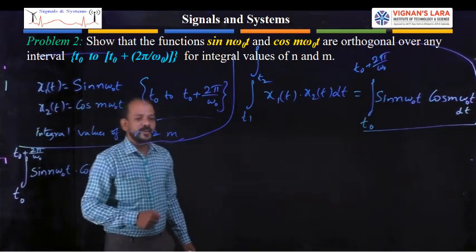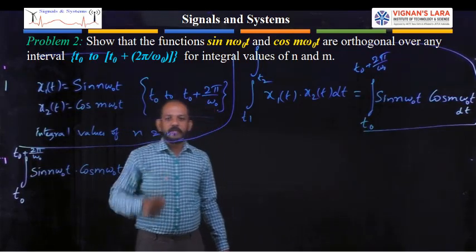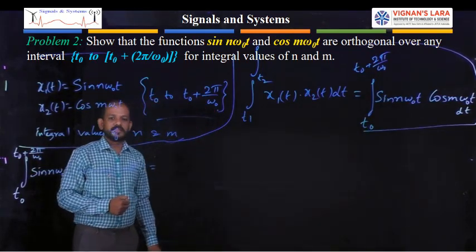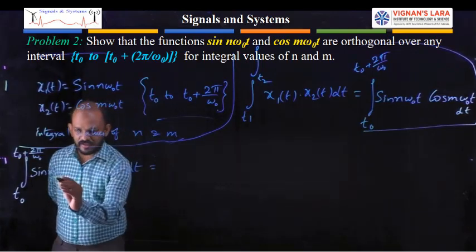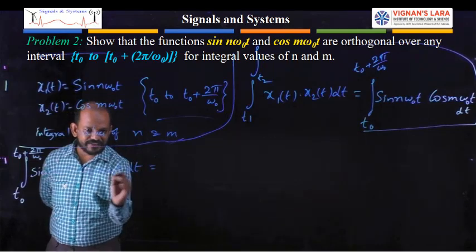For this we need the trigonometric formulas. Let us consider n omega naught t as A and m omega naught t as B.